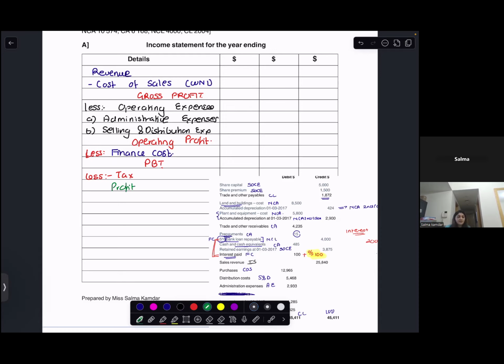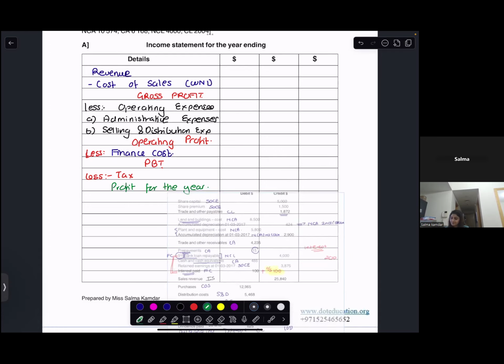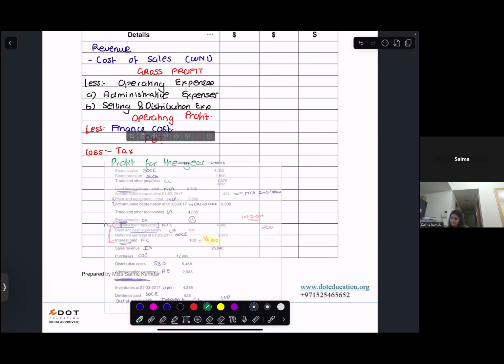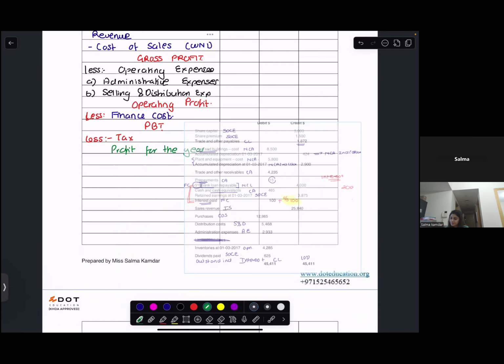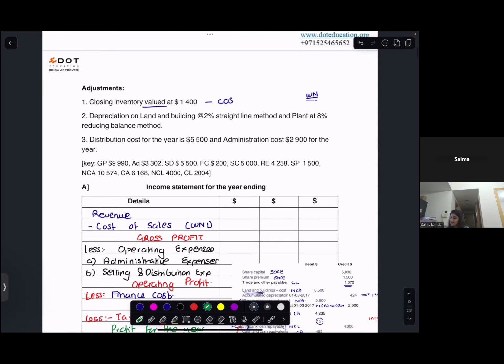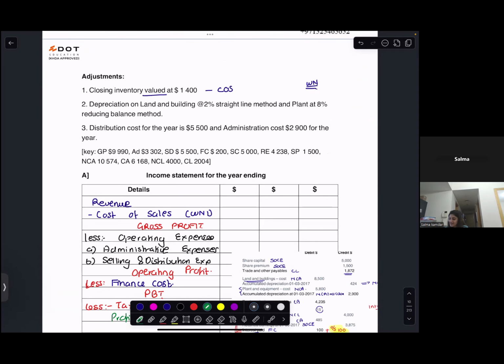Profit for the year is something that will go where? Added to retained earnings. Very well. I move ahead. Closing inventory is a part of cost of sales.